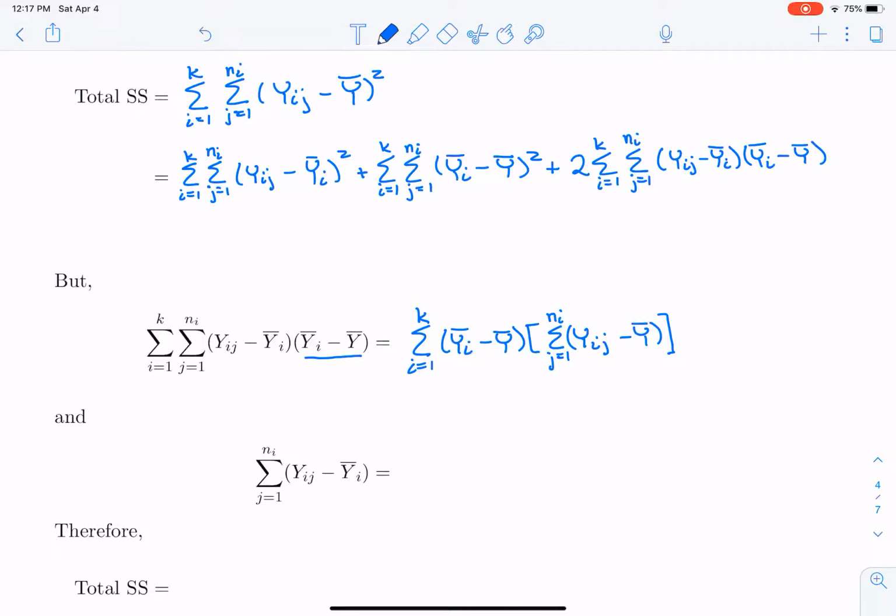Now, what is y sub ij minus y sub i bar when I take the sum of that? First, what is the sum of y sub ij from j equals 1 to n sub i? If I just sum up all of the data, well then that's n times the average.